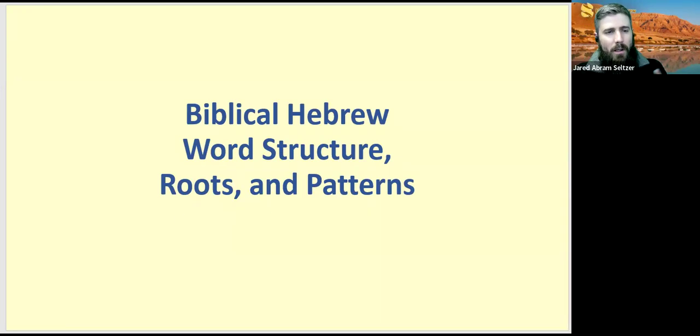Hebrew uses something a little bit different. It uses roots, which are consonantal, 3 consonants, and then everything else surrounding those 3 root letters is what comprises the pattern, which in Hebrew is called the mishkal. I'll call it patterns here, but if you hear the word mishkal, that's what it's talking about.